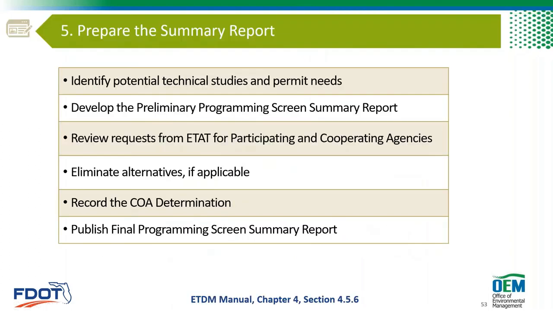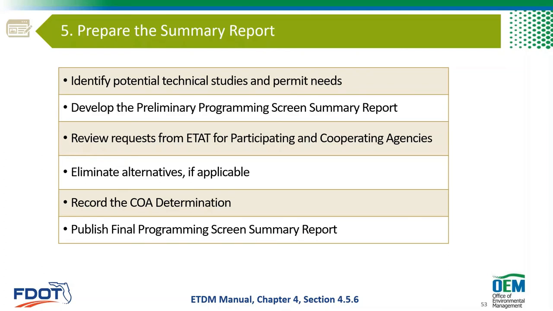When the review period is over, that's the time to prepare the summary report. And this is a time where, like Pete said, you're pulling together the comments, resolving differences, but you're also starting to identify your potential technical studies and permit needs, or tweaking them if you've already started that, just based on their input.